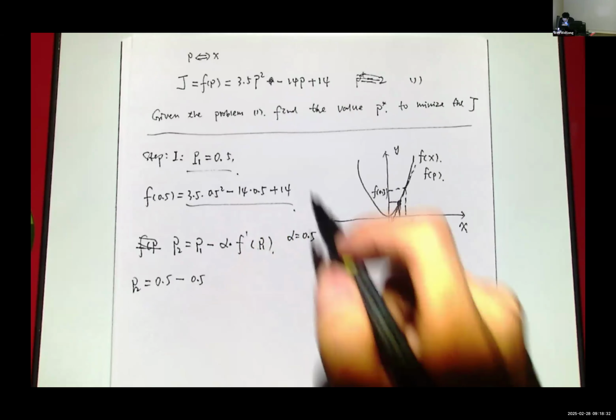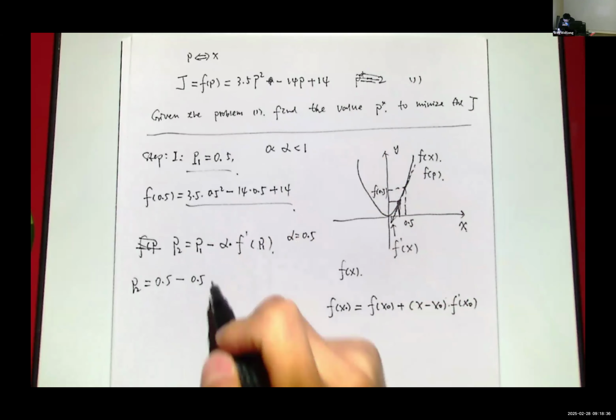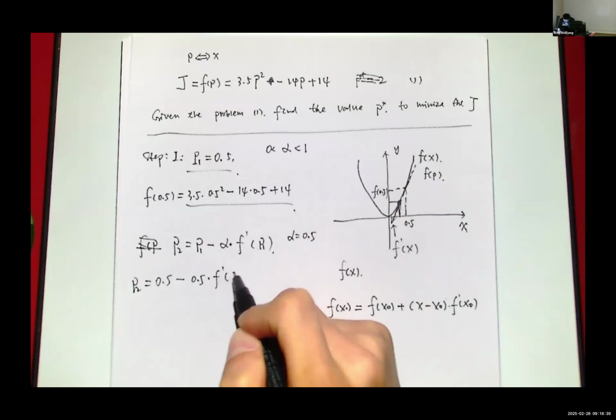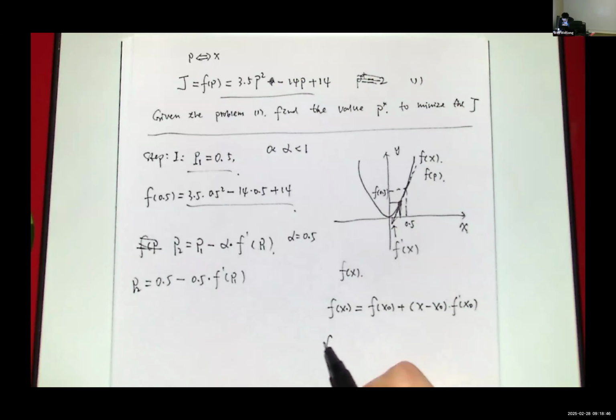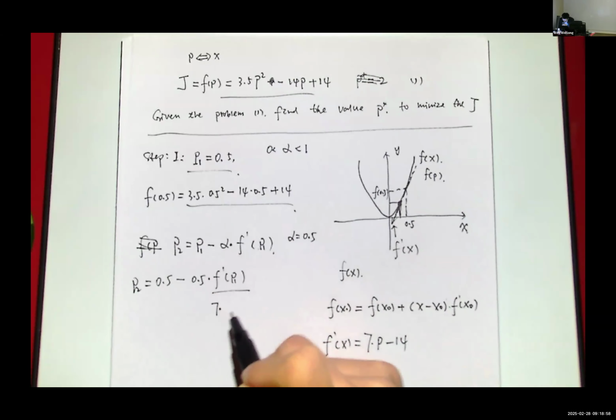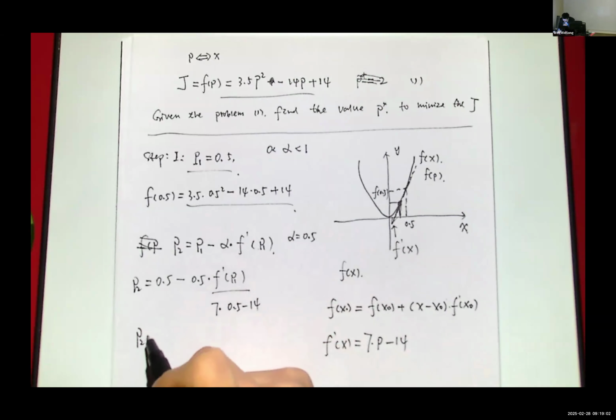Multiply f dot P1. And for this function, f dot x is equivalent to 7 multiplied by p minus 14. So for this function it is 7 multiplied by 0.5 minus 14, so P2 is going to be 0.5 minus that.